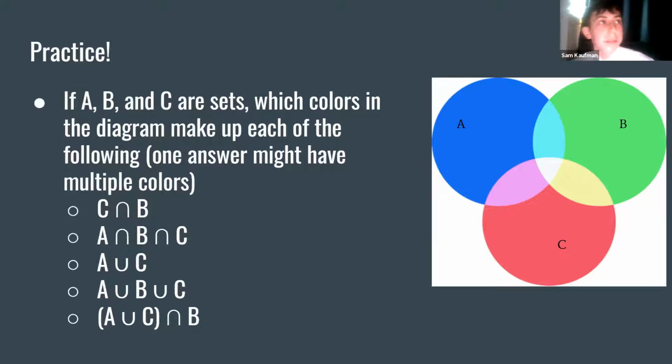So this one, it's good that we have it written, so we know where the parentheses are. Let me make sure I know what the answer is. Yeah, it's going to be this light blue, white, and yellow. Right. Anyone have any questions about any of that?